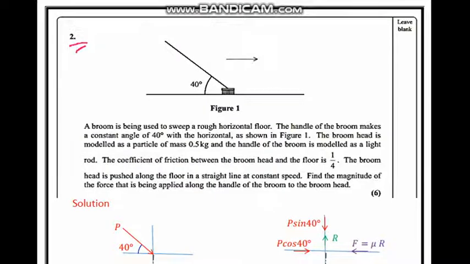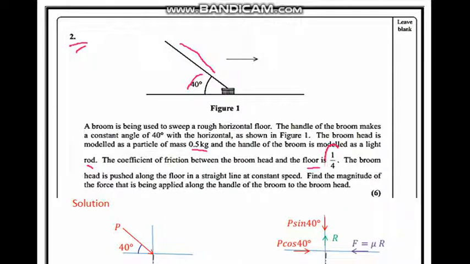Question 2. Here is a broom of mass half a kilogram, and the handle of the broom is modeled as a light rod, so there is no mass for the handle of the broom. The handle of the broom makes an angle of 40 degrees with the horizontal, as you see, and the coefficient of friction between the broom head and the floor is a quarter.